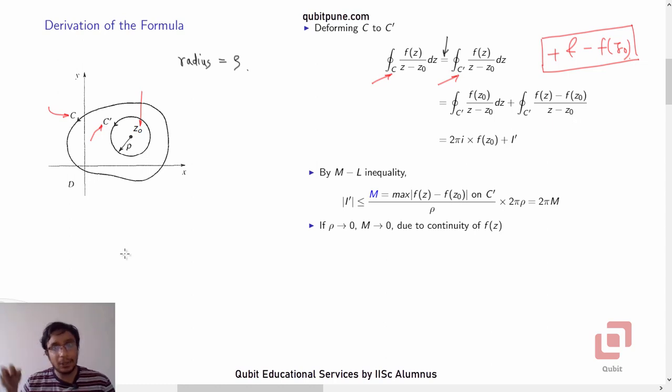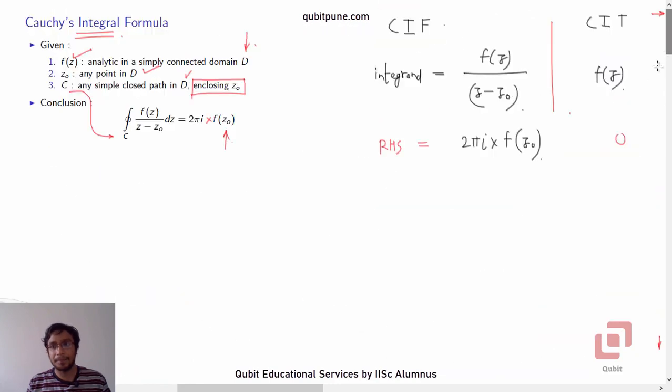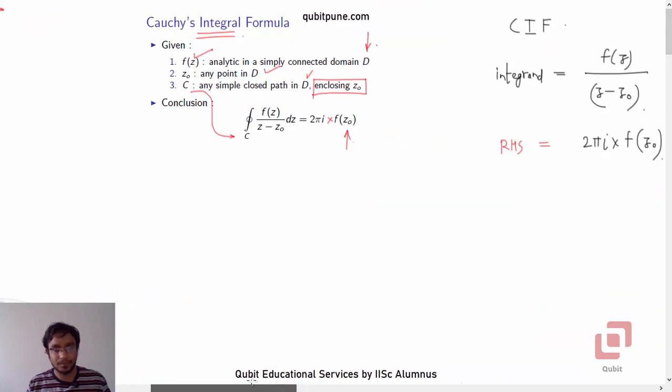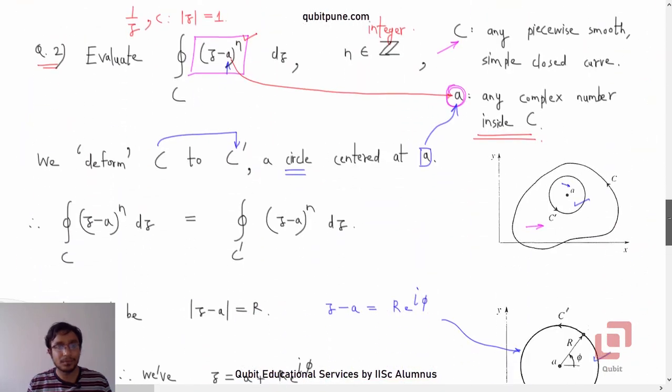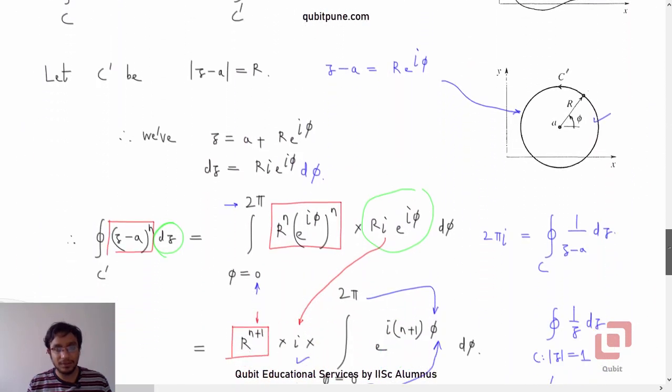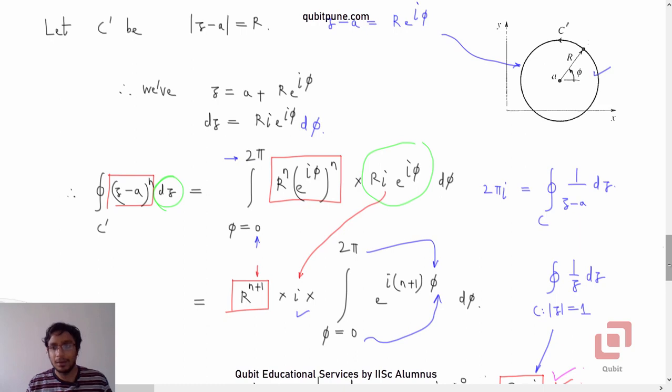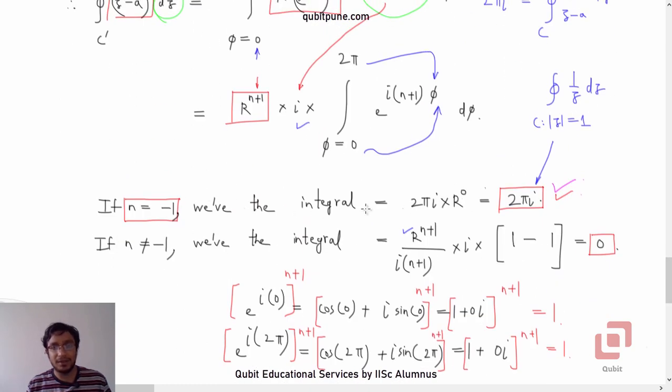Now, we have already proved this result, the integral that we obtained in our previous question. If n takes the value -1, the value of the integral is 2 pi i.